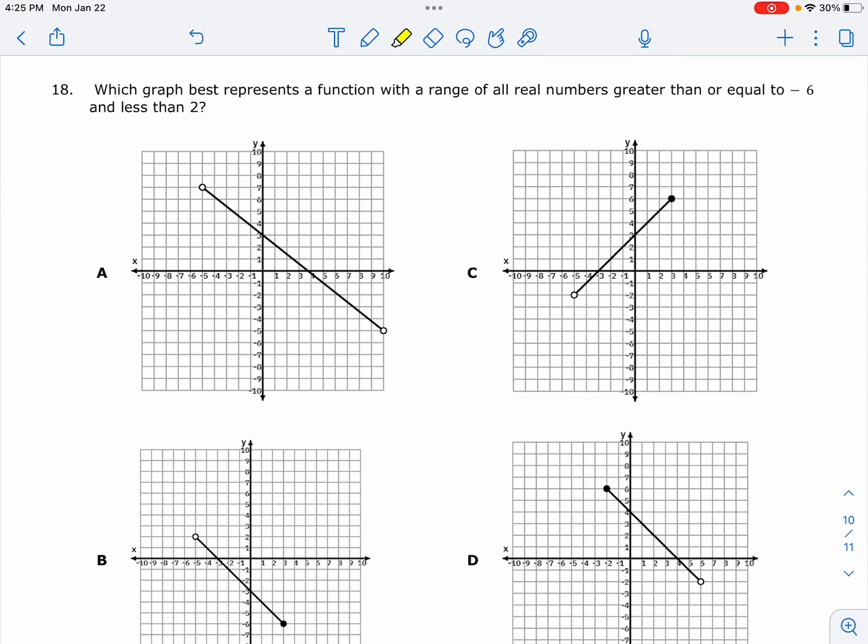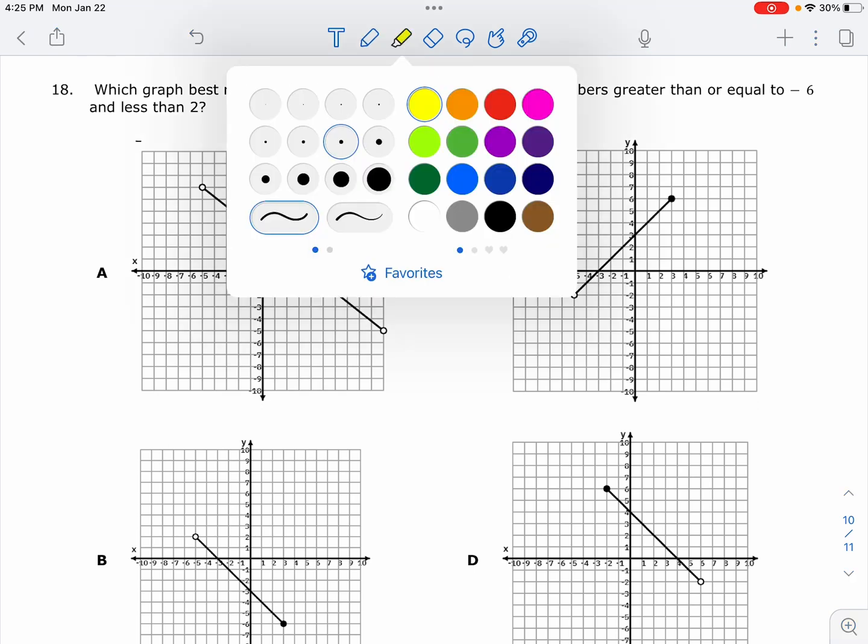Now we're looking for range. Remember, range is going to be your Y's. So bottom to top, they tell me greater than or equal to -6, and less than 2. So no or equal to. All right, we're looking at our y-axis.